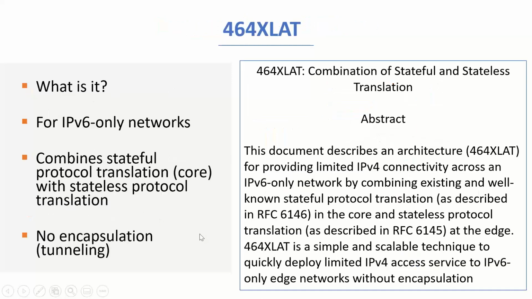So to keep going, as I say, we're starting to run a little bit out of time, so I'll go through this. This always takes longer than I think. Okay, so for V6-only networks, you can use 464XLAT, and this is going to provide some limited V4 connectivity to V6-only networks.